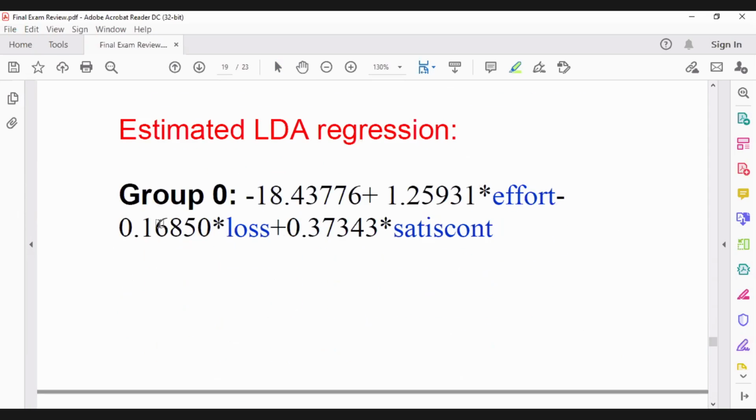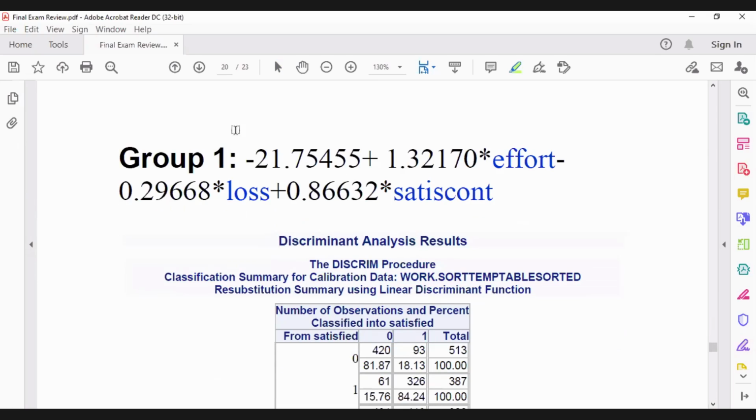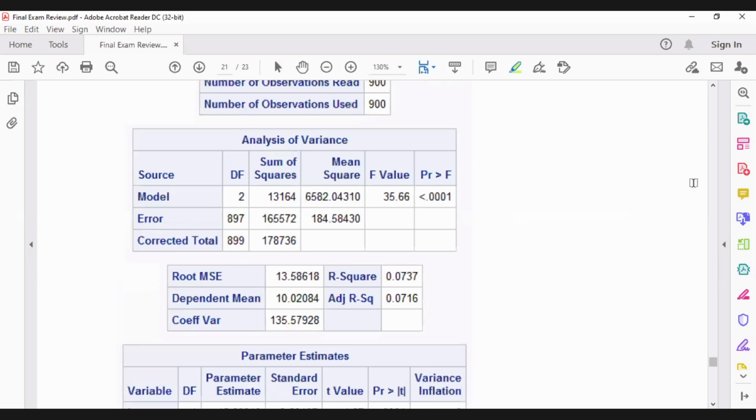This is the written form: when y equal to 0, we got group 0, beta 0 plus beta 1 effort plus beta 2 loss plus beta 3 satiscounts. We got the equation for group 1, beta 0 plus beta 1 effort plus beta 2 loss plus beta 3 satiscounts.